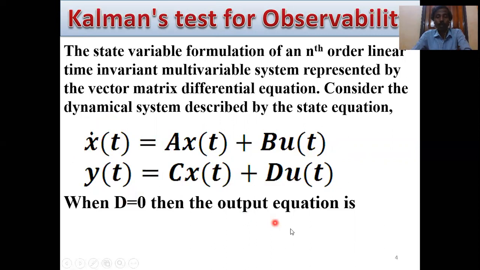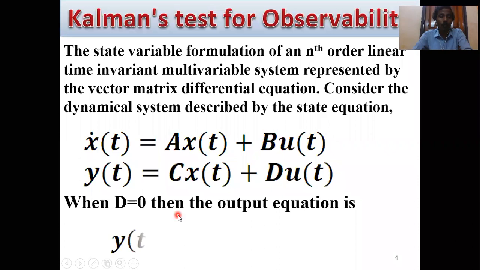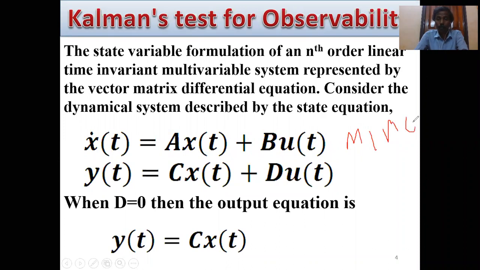When D equals 0, this term is 0, then the output is y of t equals C into x of t. The general system with x dot of t and y of t is called a MIMO system, multi-input, multi-output.